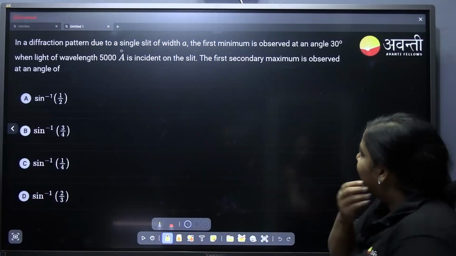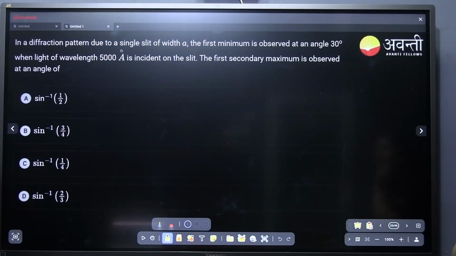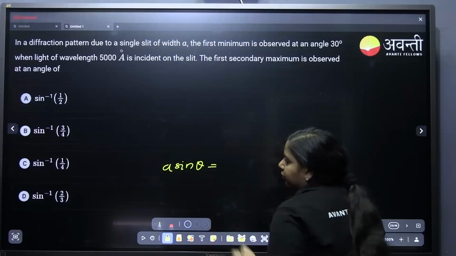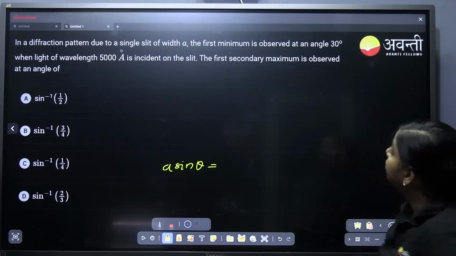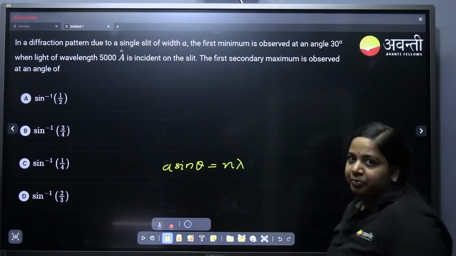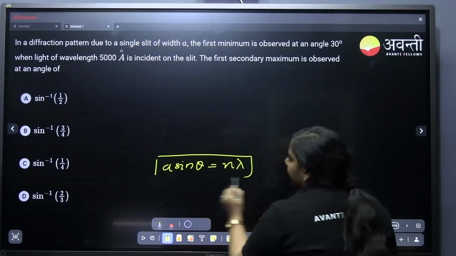In a diffraction pattern due to a single slit of width a, the first minimum is observed at an angle of 30 degrees when light of wavelength 5000 Angstrom is incident on the slit. The first secondary maximum is observed at an angle of. Okay, so a sin theta is equal to what? They are talking about minimum, so it is equal to n lambda for minimum. a sin theta equal to n lambda.